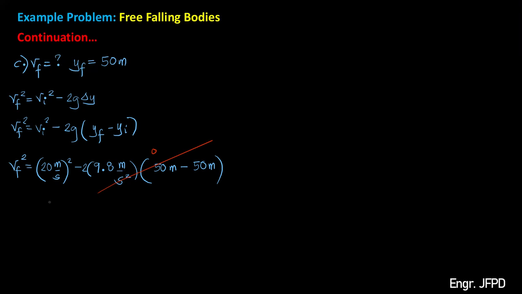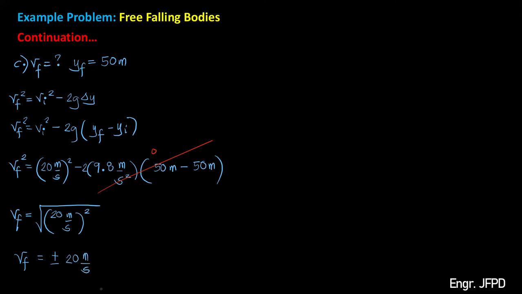Solving for the final velocity now on this equation, our final velocity will be equal to the square root of the 20 meter per second squared. Take note that when taking the square root of a number, this is always equal to the positive and the negative. Therefore, our final velocity here will be equal to the positive and negative of 20 meter per second.